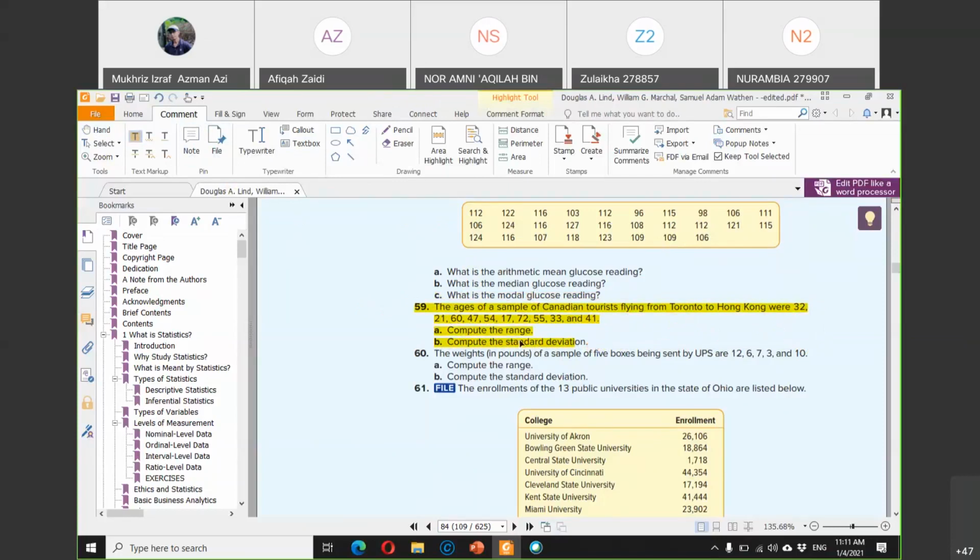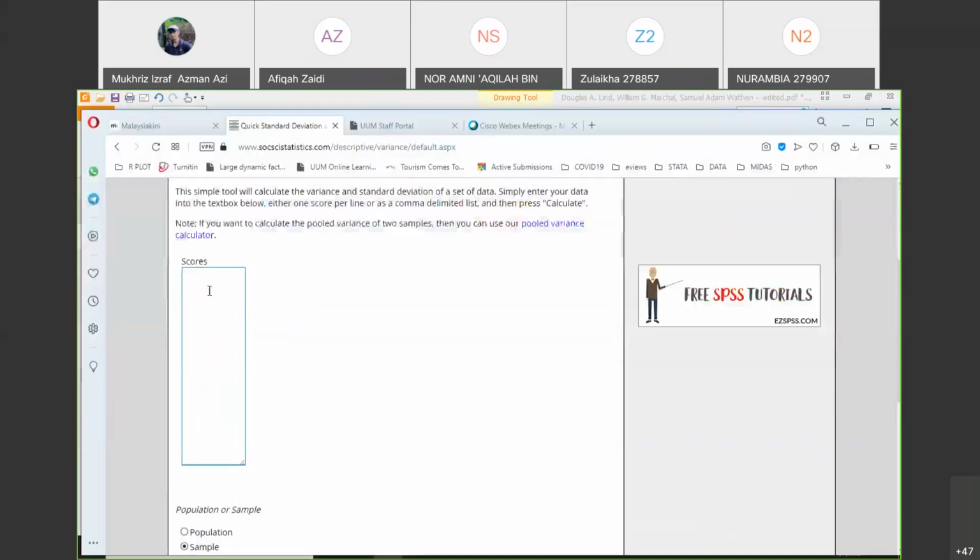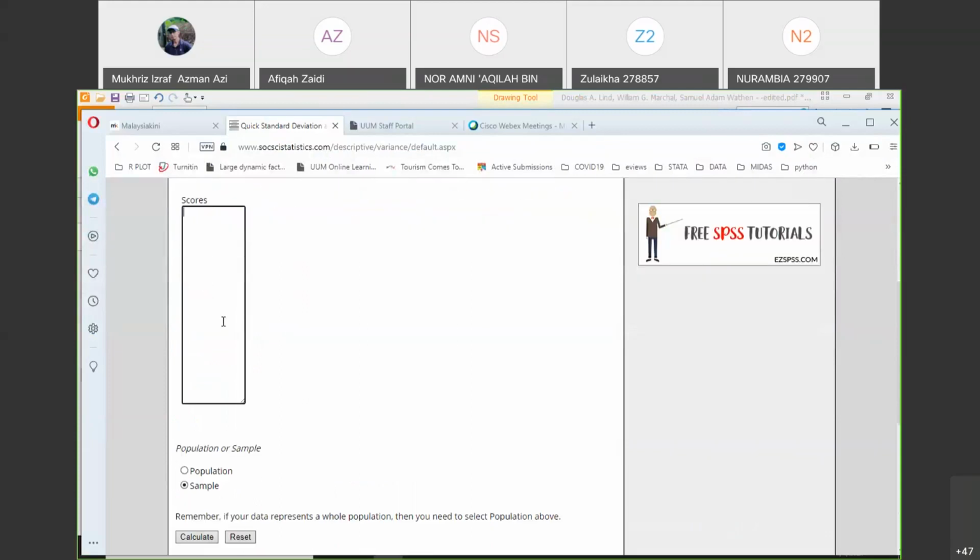The range is of course the highest minus the smallest. Then compute the standard deviation. This one is clearly for sample, so sample standard deviation. I give you 2 minutes, then I will call anyone at random and you need to share your screen. I want to see that you are doing something. Just key in this one piece of data in the online tool, choose sample and calculate the standard deviation.